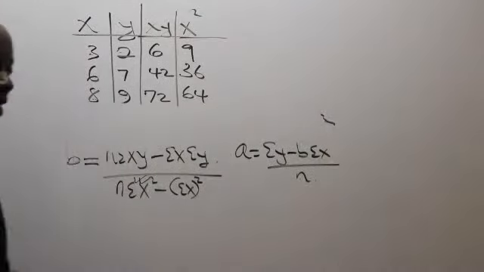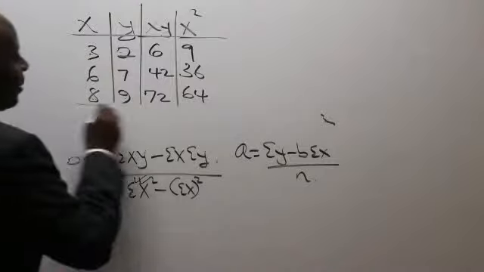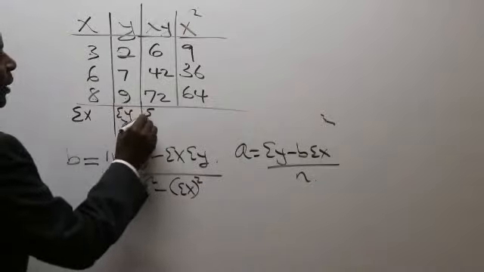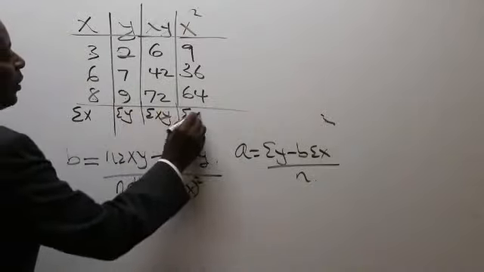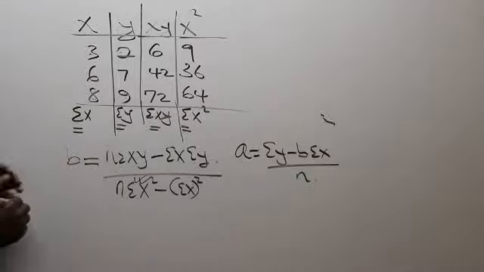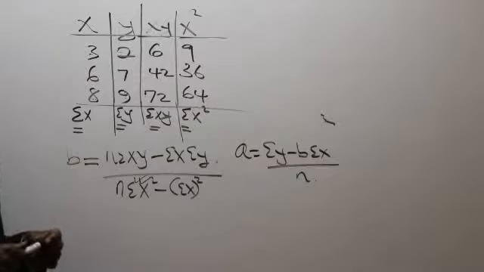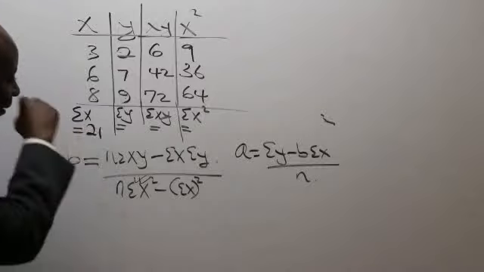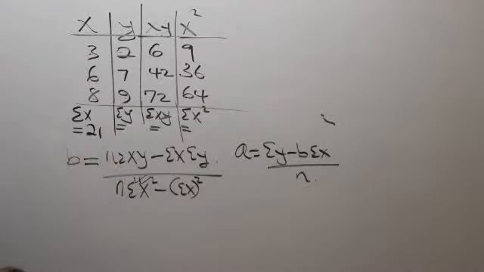So come here right away and give me the summations: the summation of x, the summation of y, the summation of xy, the summation of x squared. Summation of x is 17.